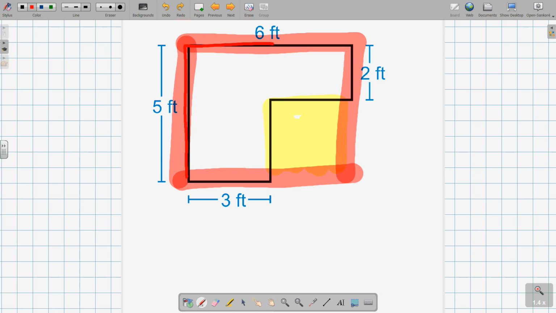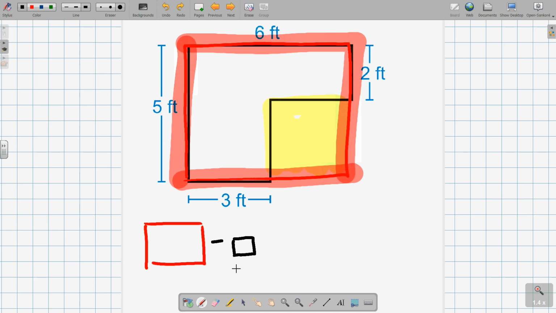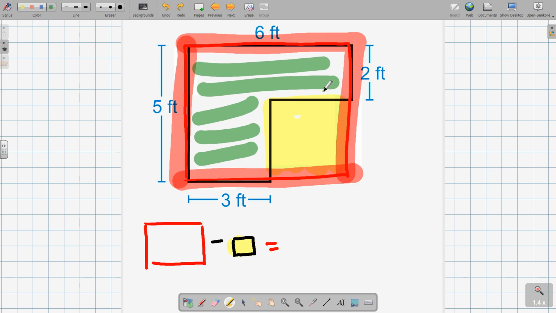Let's find the area of this. So this one, I'm going to draw an equation. It's going to be that larger rectangle minus the bite out. And that's going to get us our leftover space, which is the green.